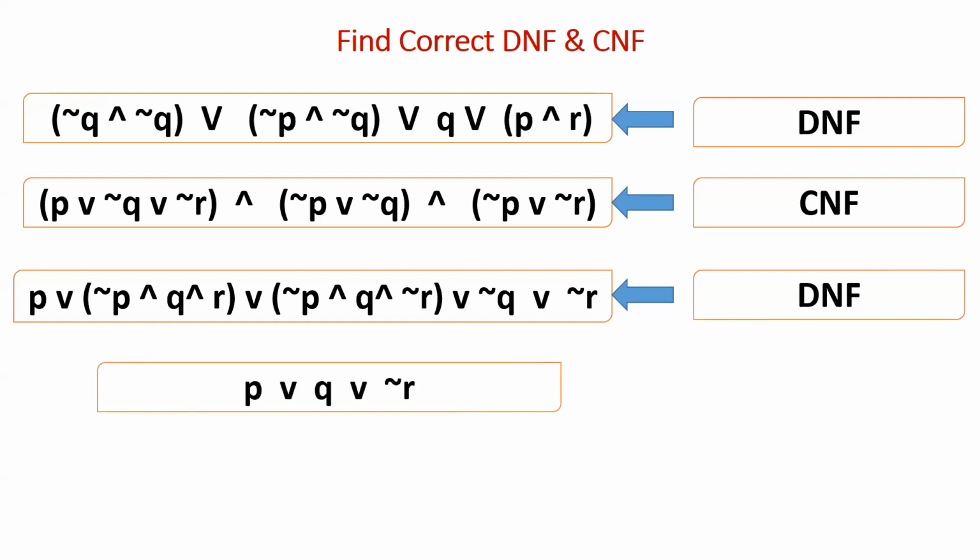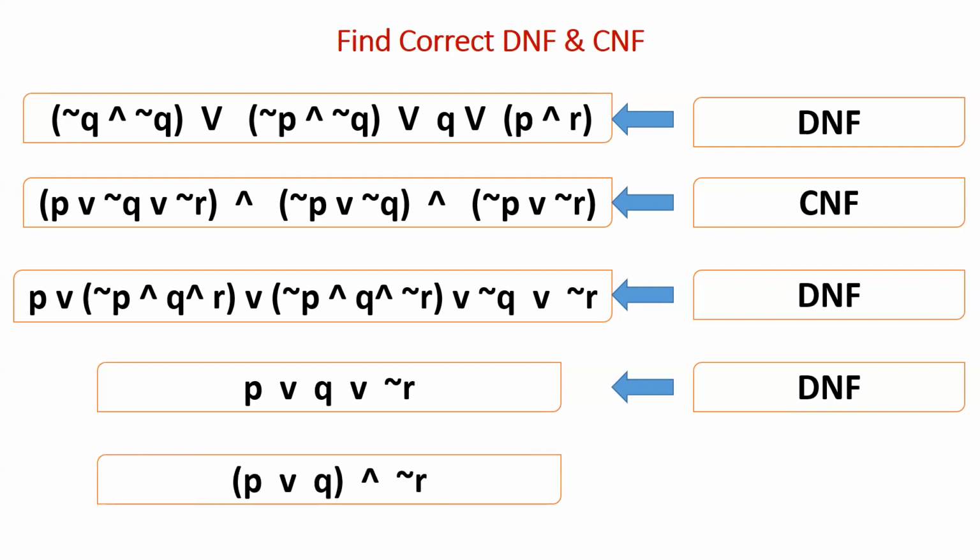Because disjunction of elementary products is nothing but DNF form, and conjunction of elementary sums is nothing but CNF form. So P separately, Q separately, negation R separately, all these are elementary products. So disjunction of elementary products is simply DNF form. And lastly, here conjunction of elementary sums is nothing but CNF form. Hope all of you are getting it clear.